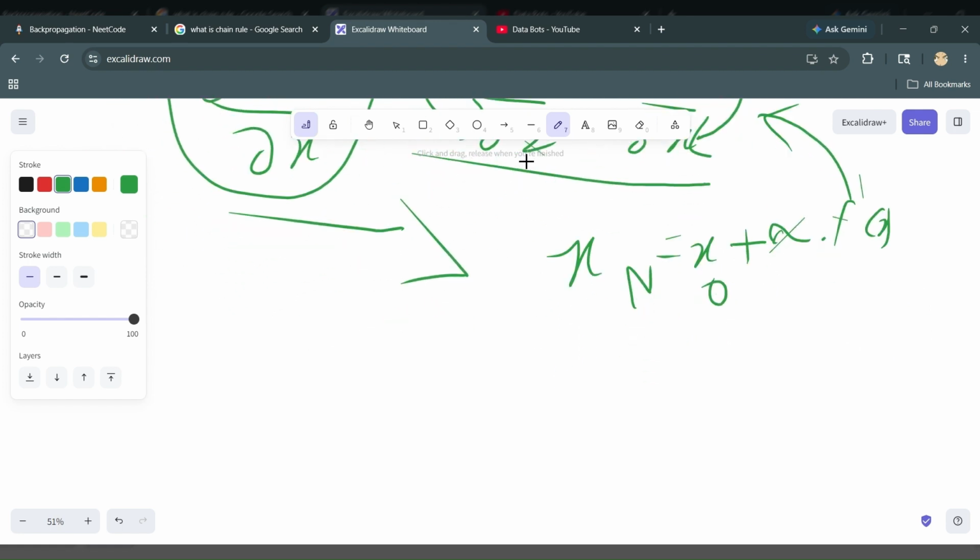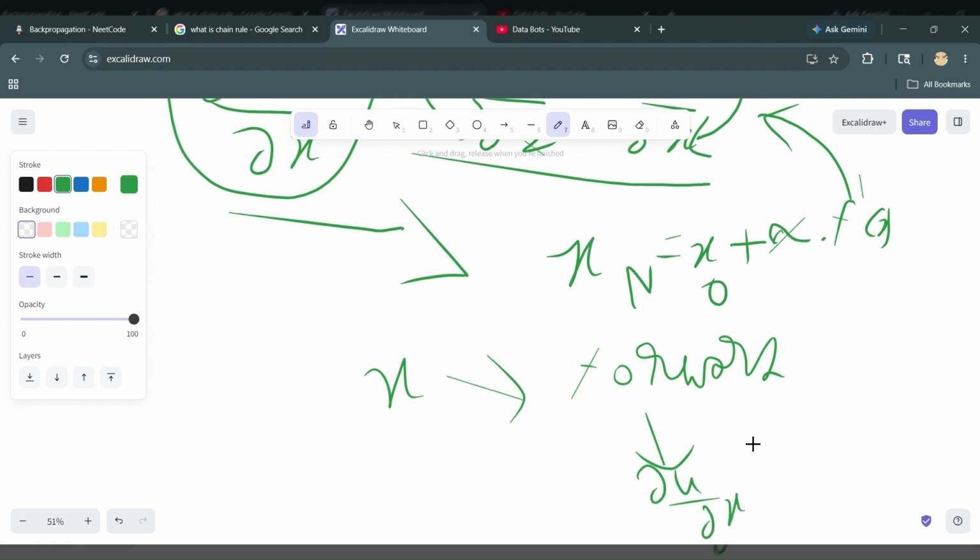So what I'll do is here I'll do the forward pass, or multiply the weights, and after that I'll apply the chain rule, and with that we'll calculate the new weights.